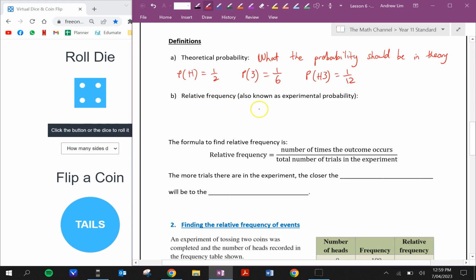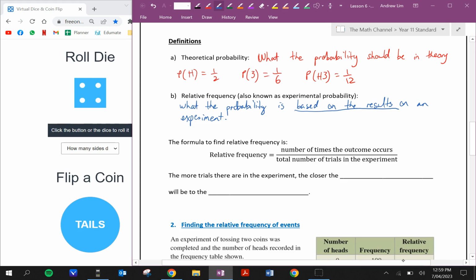But relative frequency, also known as experimental probability, which is what we looked at in year 7, is actually what the probability is based on the results of an experiment. Okay, so it's not what it should be, it's I've conducted an experiment. What are the results of the experiment? What's the probability based on those results?